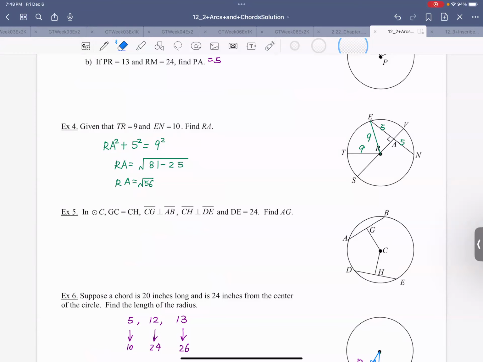And then CG is parallel to AB. And CH bisects DE. Yes, very good. And we know that DE is 24. So that means DH is 12. Yes, that's right. Very good. And then keep going.